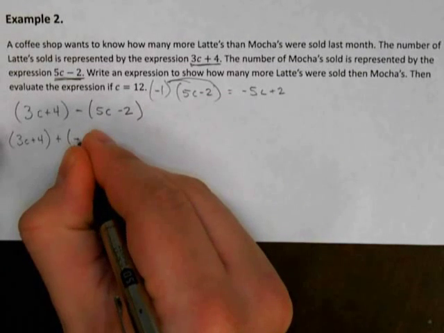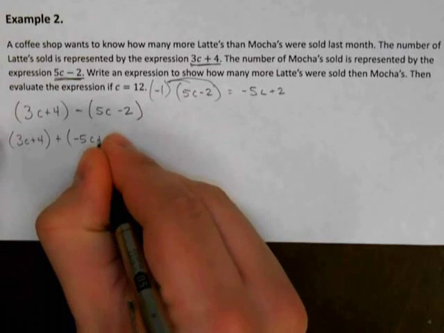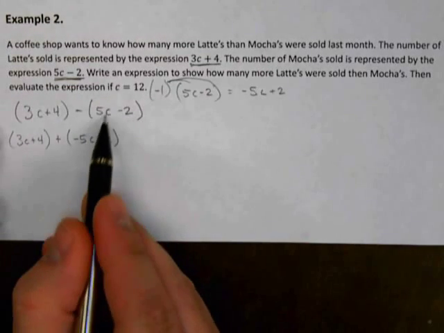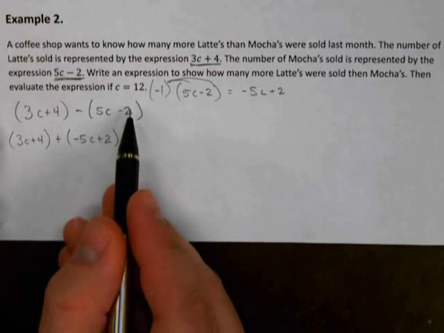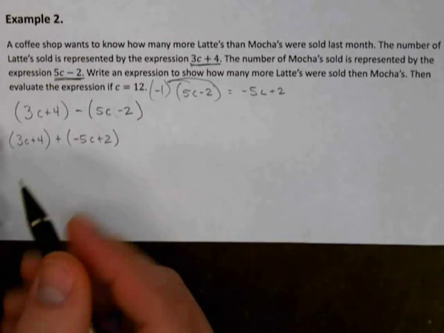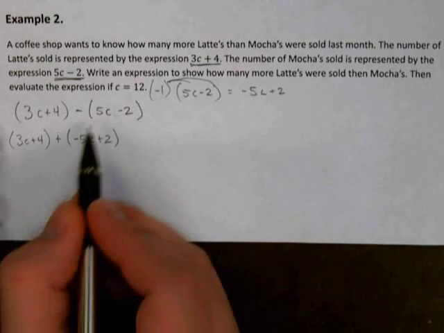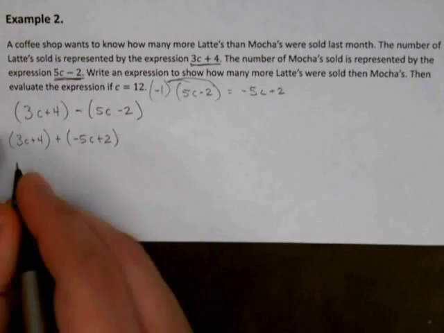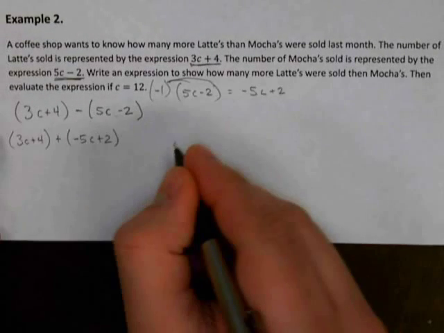And so we end up adding that -5c plus 2. If you'll notice here, the positive ones become negative and the negative ones become positive. So if it helps any of you out, you can kind of skip this step and just go into switching those signs.